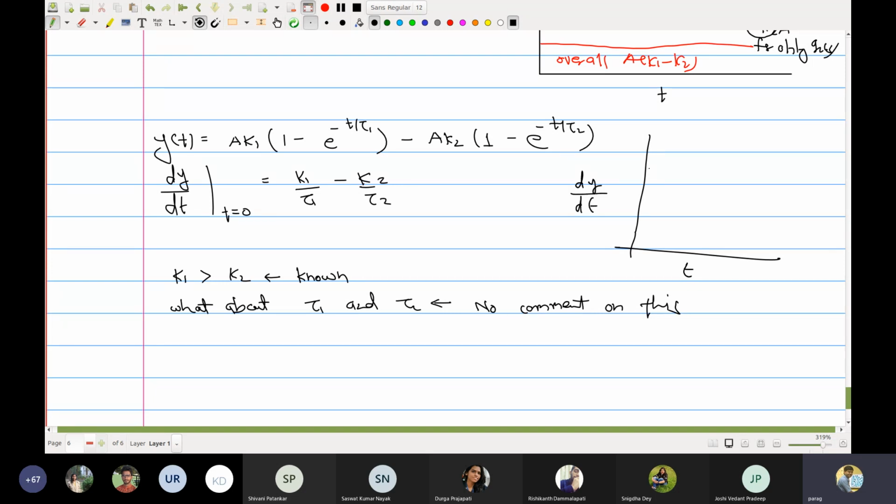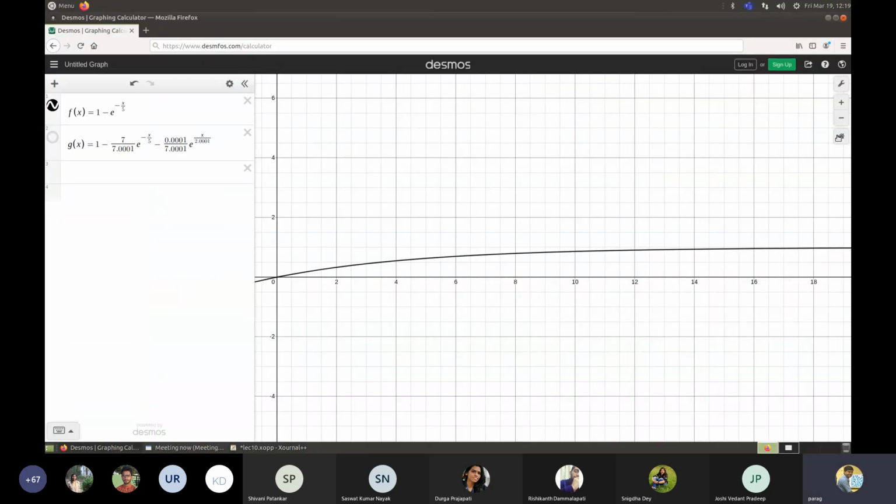Dy by dt always had a positive value and it asymptotically reached the value 0 as time tended to infinity, let's say for first order as well as other orders also, right? You see here, always it had positive slope and the slope kept on becoming smaller and smaller, and ultimately as t tends to infinity the slope became 0.